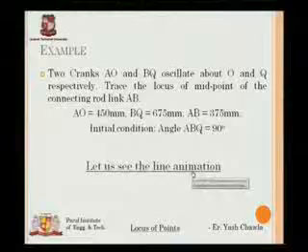Say a scale of 1 mm is equal to 10 mm, that is 1 mm on paper is equal to 10 mm of the question. You should remember that if you have taken a particular scale, that scale applies to all the dimensions in the problem, not just one dimension. So that should be kept in mind. Now let's see the line animation of this particular question that we have read.